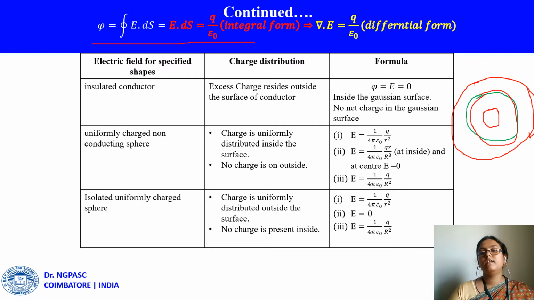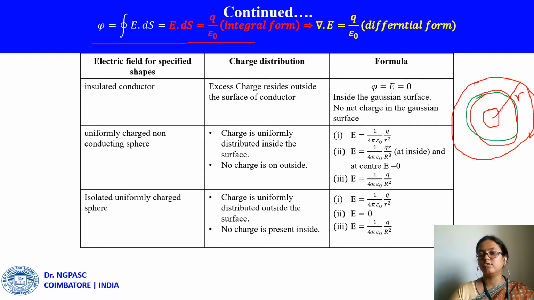For the first case, that is outside the sphere, let's say that this distance is r. Then in this region, due to the charges which are present inside, this is the Gaussian sphere, and the charges will be uniformly distributed.